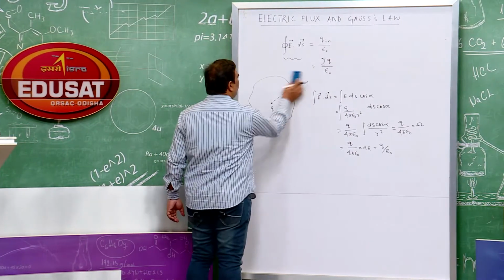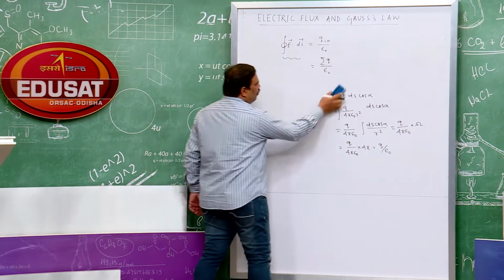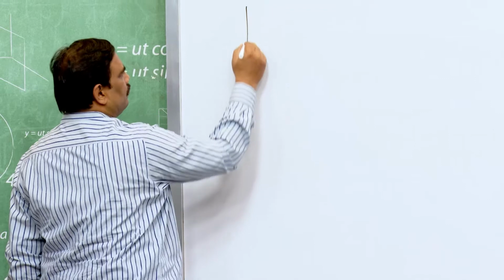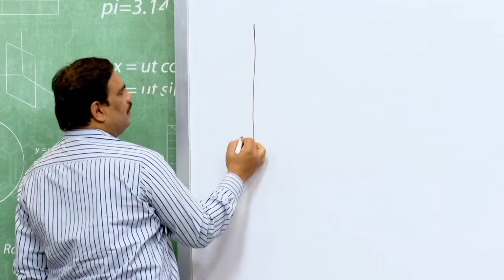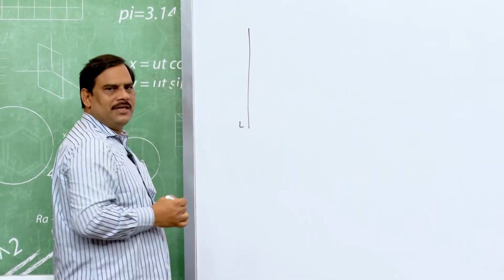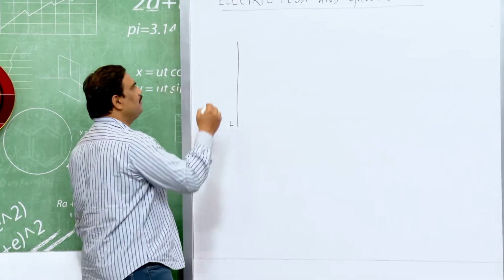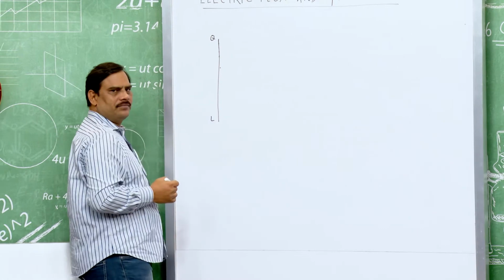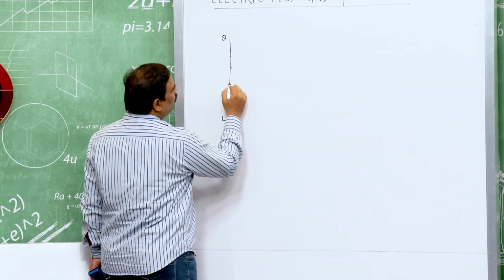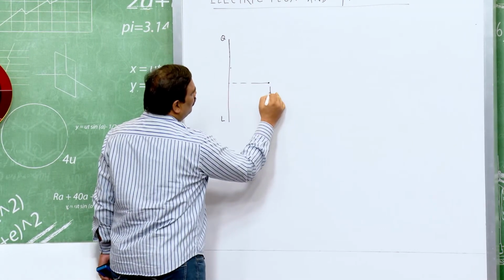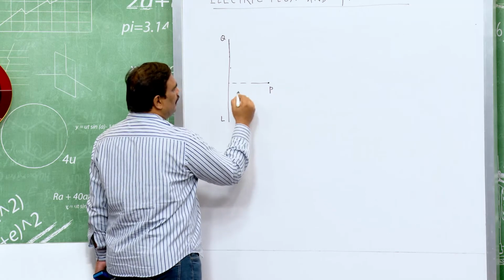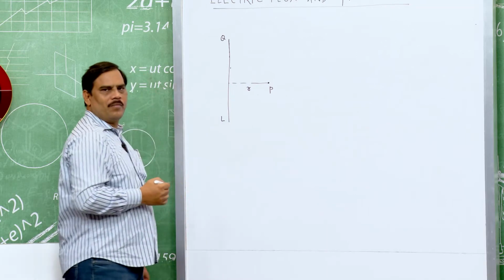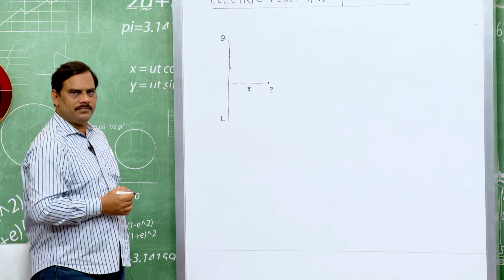Suppose we have a line charge, a line of length L, or we can say a wire of length L having a charge q on it, and we are going to find out the value of the electric field at a point P at a distance r from the linear charge.